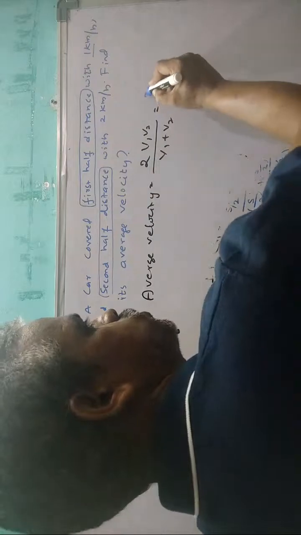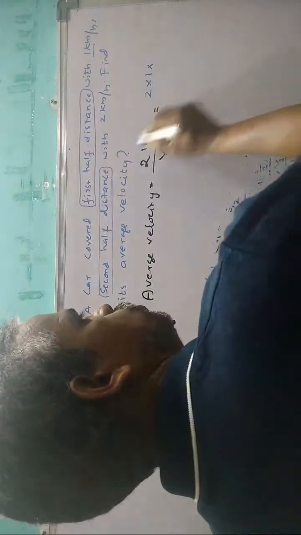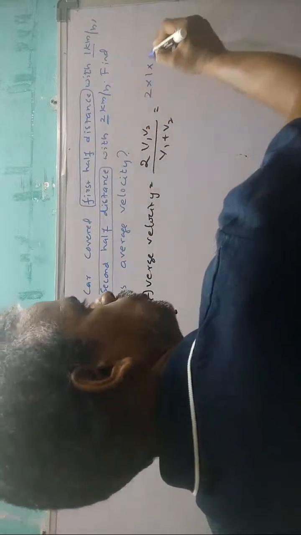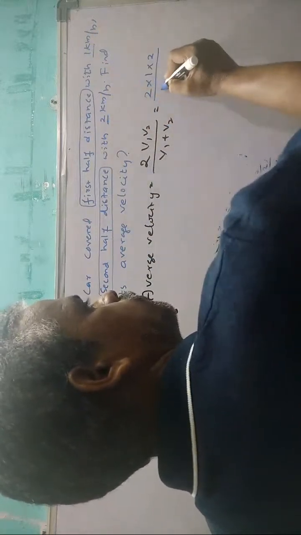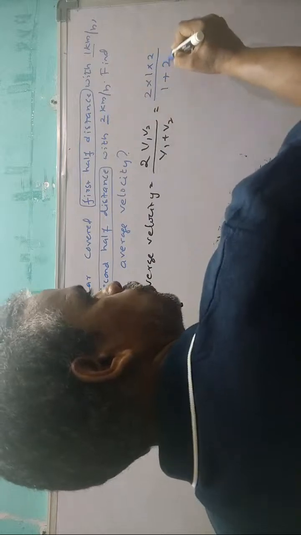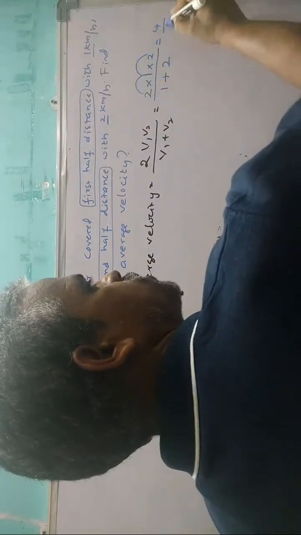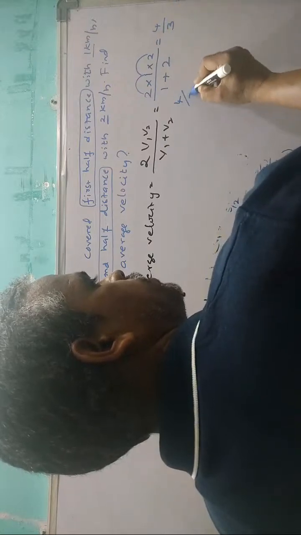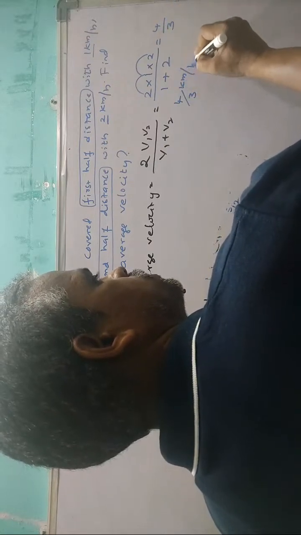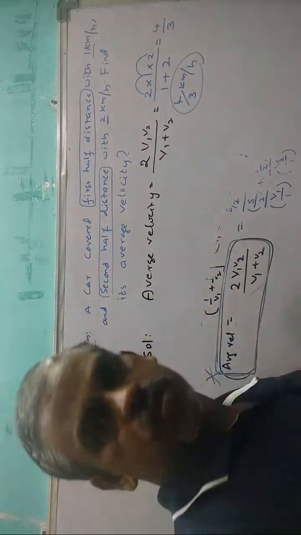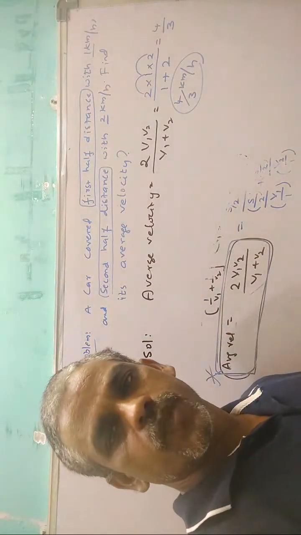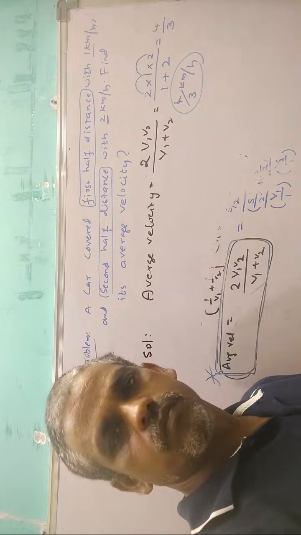So average velocity is 2 into v1 into v2 by v1 plus v2, which is 2 into 1 into 2 by 1 plus 2, that is 4 by 3 kilometer per hour. This is the answer.